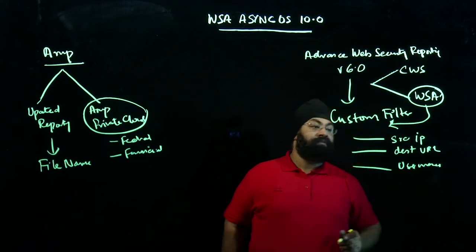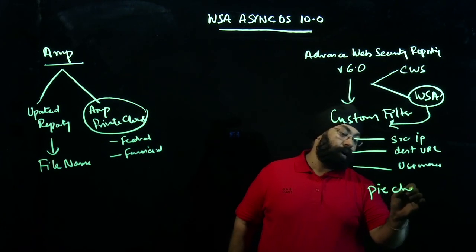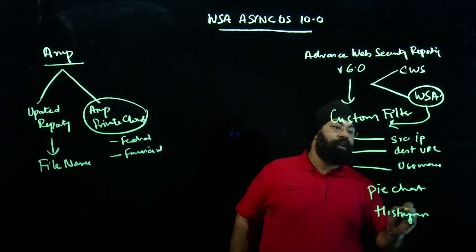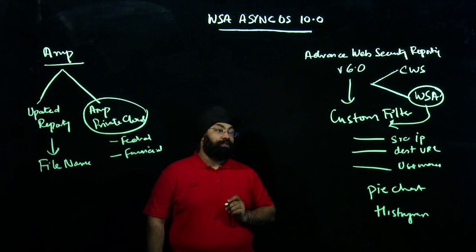You can pick these fields and create a report in a pie chart format or maybe in a histogram. So you can create all these reports with that specific field in any of these formats.